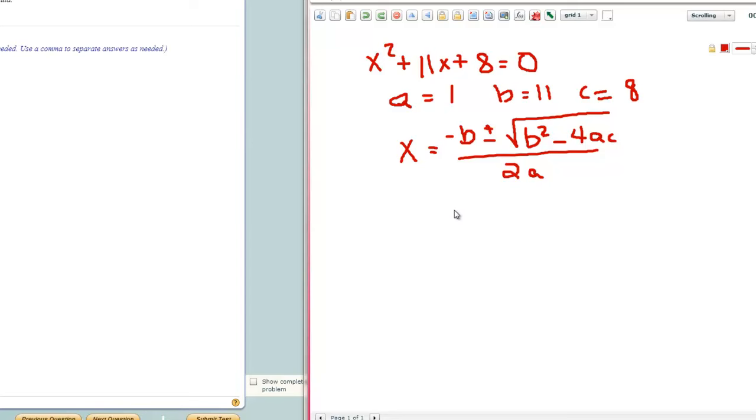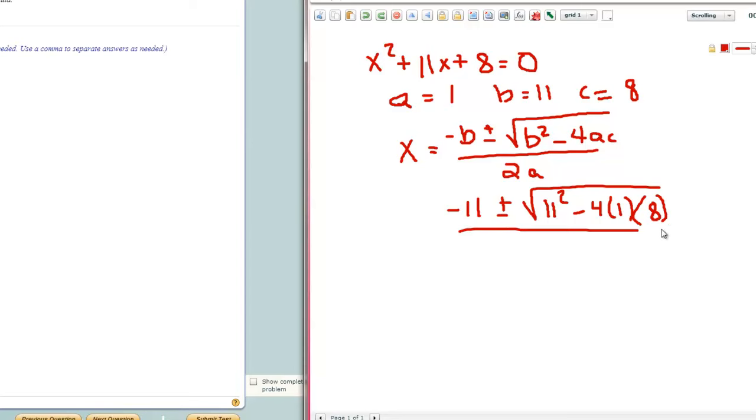We have negative 11 plus or minus the square root of b squared, so that's 11 squared. And then we have minus 4ac, so minus 4 times a, which is 1, times c, which is 8. And all over 2 times 1.